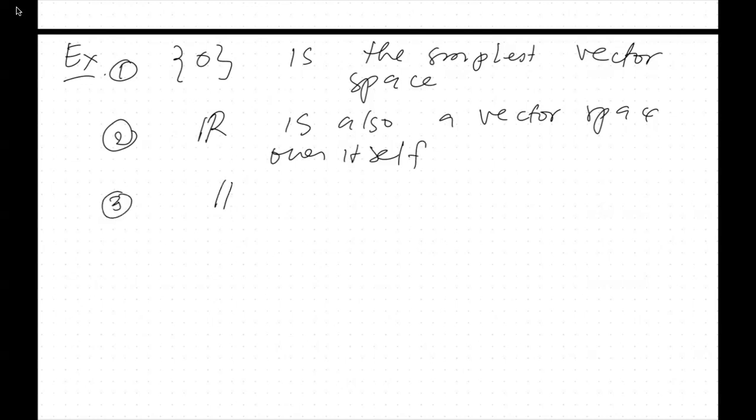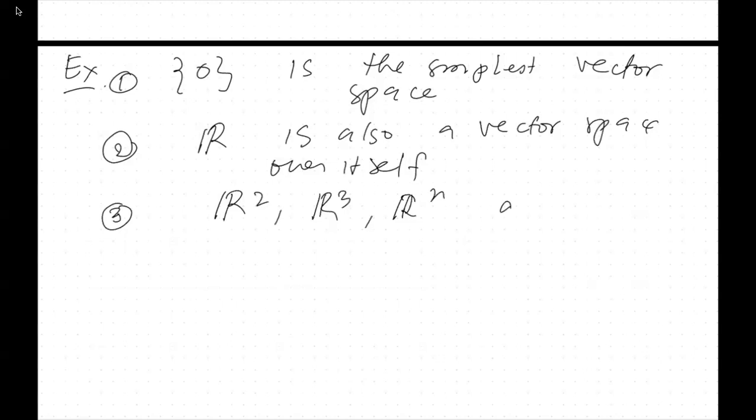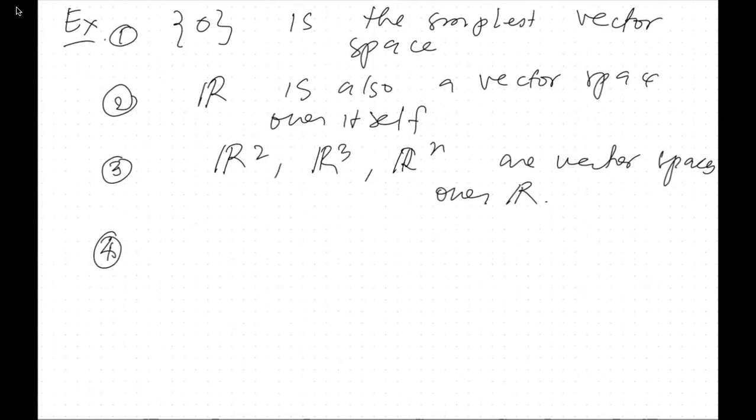Then R2, R3, and Rn are vector spaces over R.